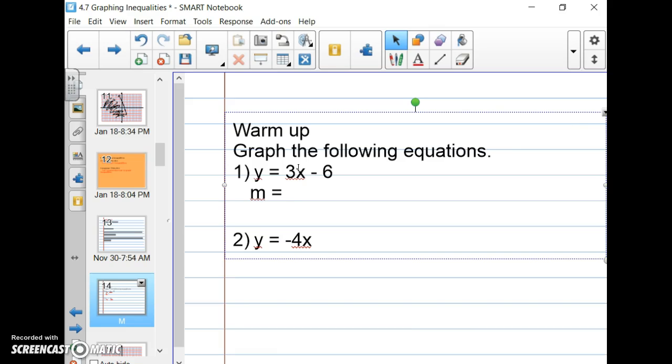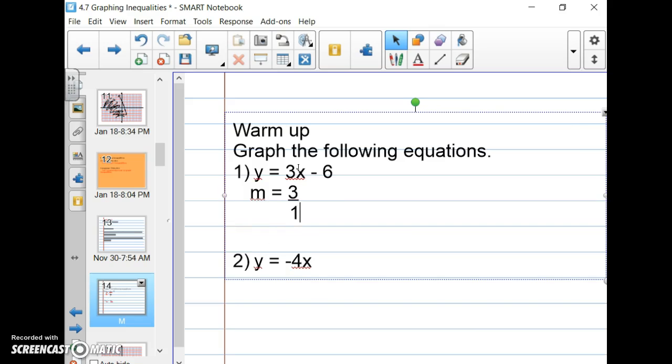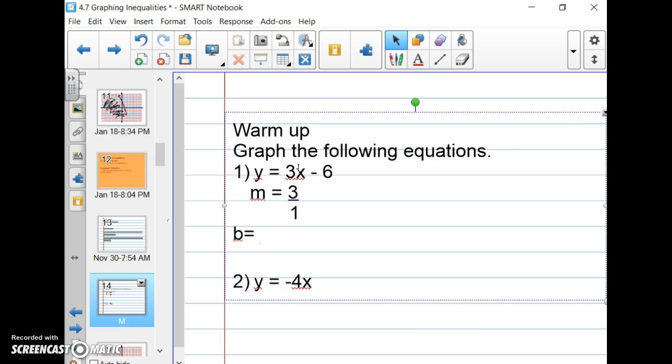So I have 3 over 1. That's my slope. Now your b is going to be your y-intercept, which is going to be a coordinate 0, comma, whatever this number here is. Now I have minus 6, so I have minus 6 here. So here's my coordinate, here is my slope.